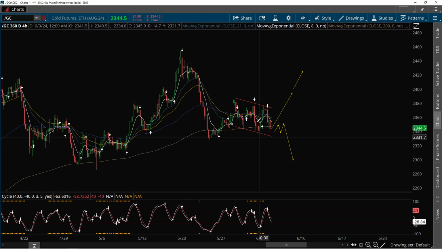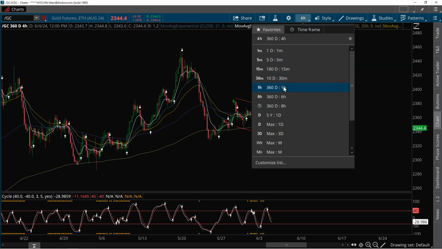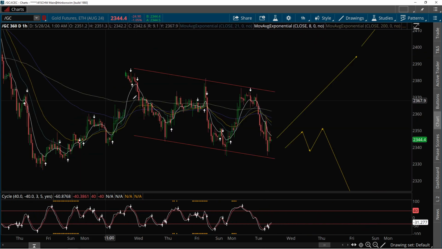Like I said, you haven't had any entries in the 1 hour chart, and that's kind of the good thing about this system as well. It'll keep you out of the choppy phases like this, even if you're trying to trade patterns and stuff, right?